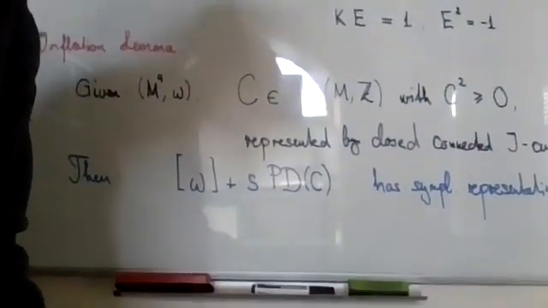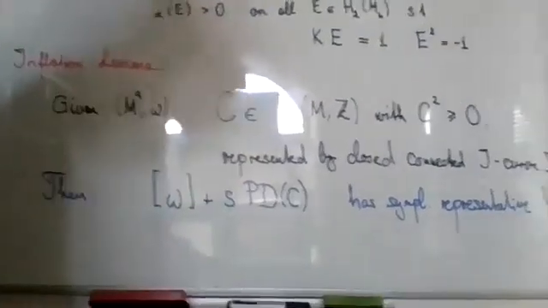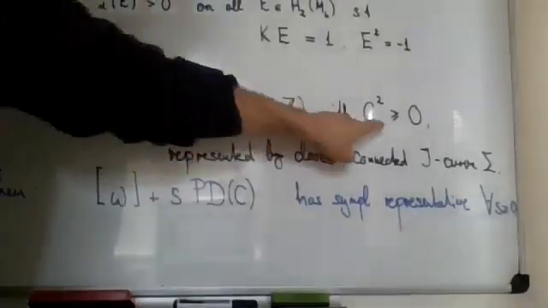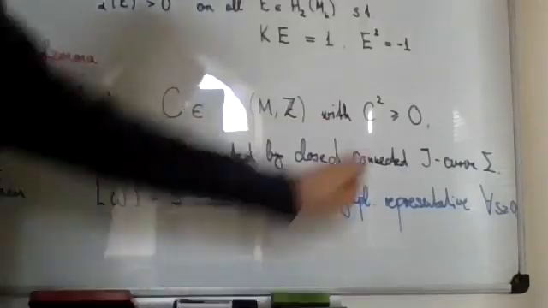Excuse me, Felix, I have made some error. I have started recording not from the very beginning. Can we just go back, show me the previous blackboard, just to make everything complete, just for some administrative reasons? Can we show the inflation lemma? So we have this class. And this is very important.